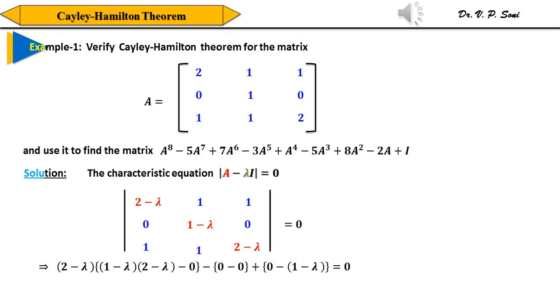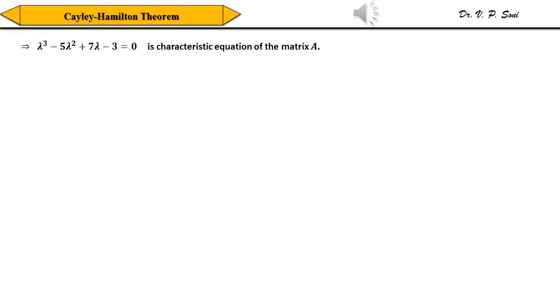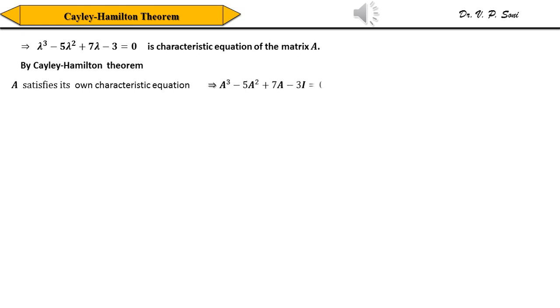This implies lambda cube minus 5 lambda square plus 7 lambda minus 3 equal to 0 is the characteristic equation of the matrix A. Now by Cayley-Hamilton theorem, A satisfies its own characteristic equation. This implies A cube minus 5A square plus 7A minus 3I equal to 0.